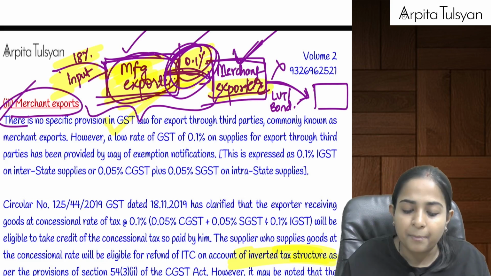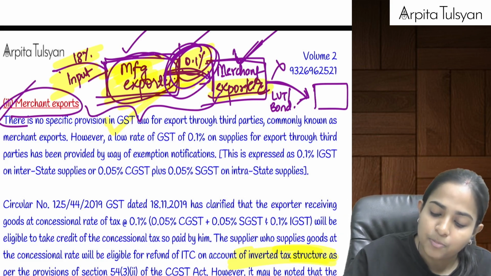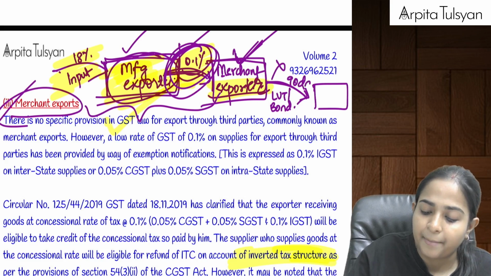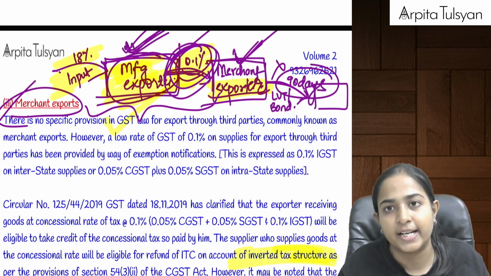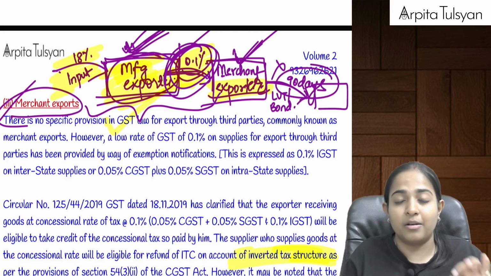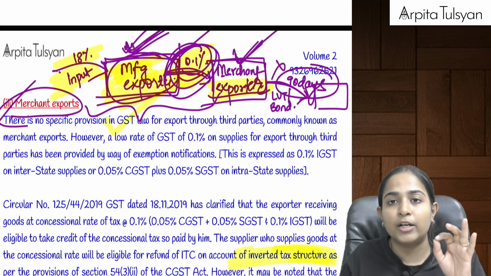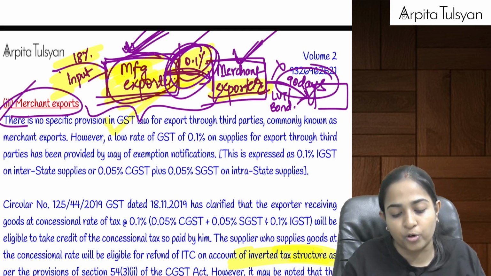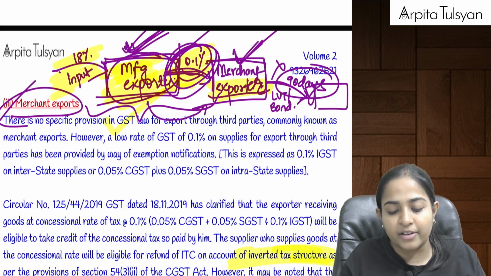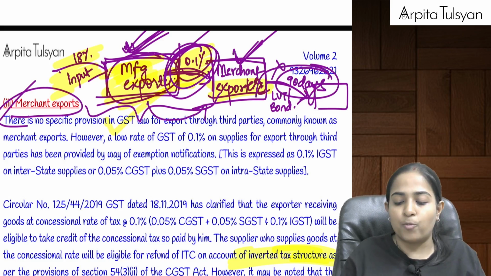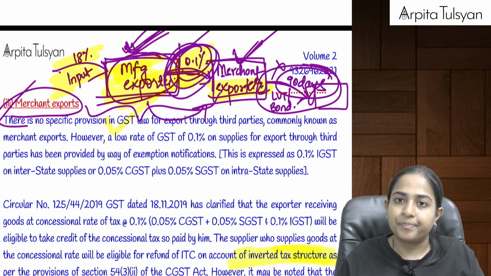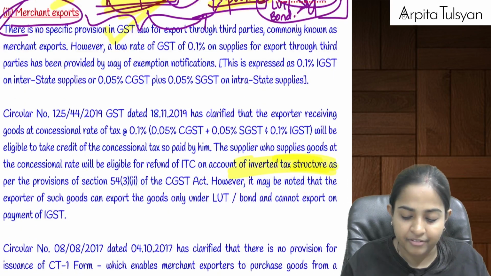But a very important thing here is the merchant exporter will have to export the goods within a time period of 90 days from the date of issue of invoice by the manufacturer exporter. The day when the manufacturer exporter gives the invoice, from that day within 90 days the export should be done outside India. Are you clear till here, everyone?